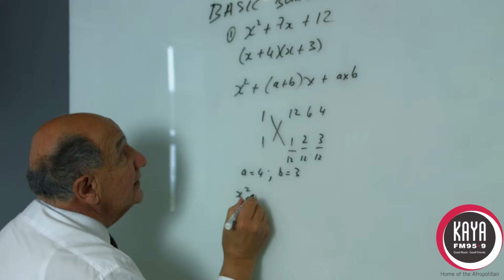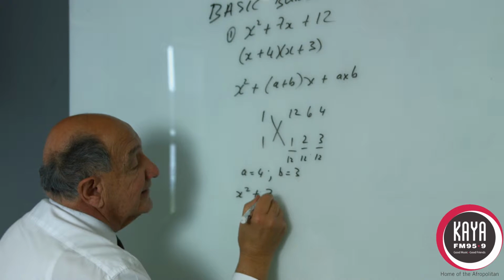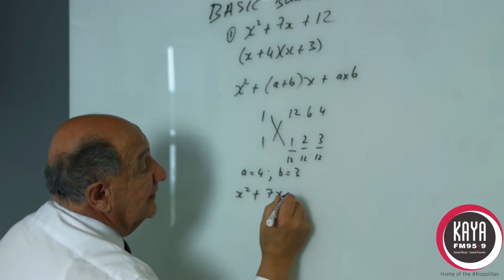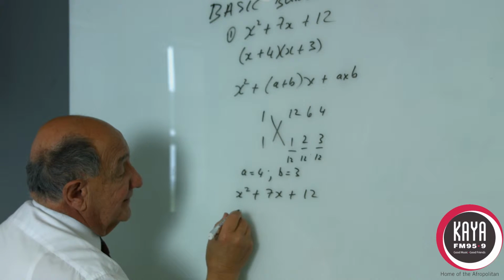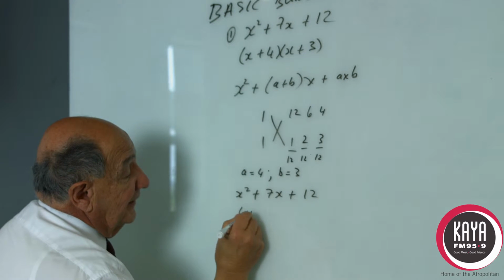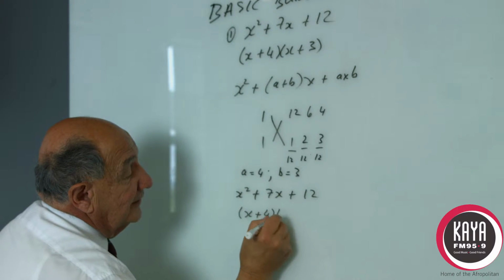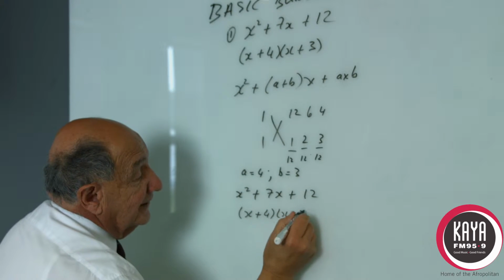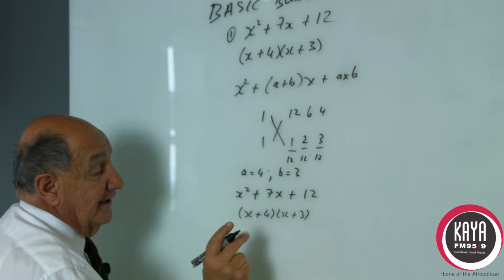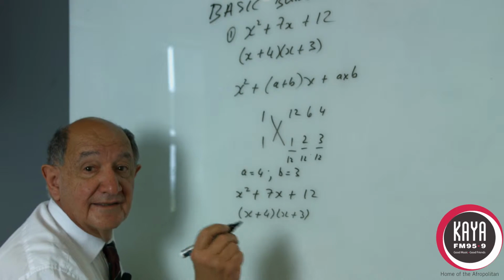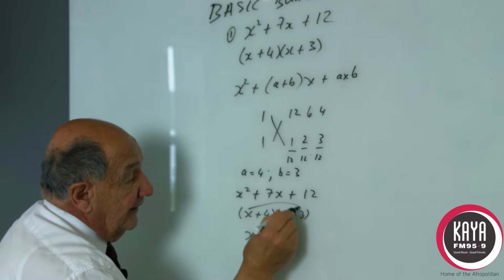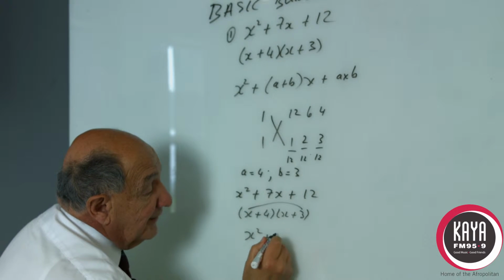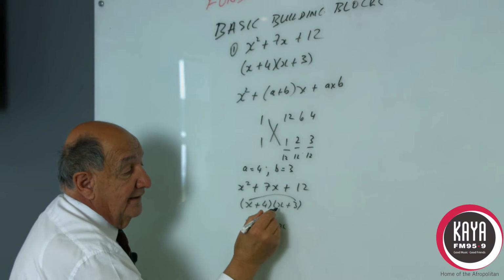So x squared plus 7x plus 12 is then factorized into (x plus 4)(x plus 3). And if we multiply this out, x times x is x squared. X times 3 is plus 3x.